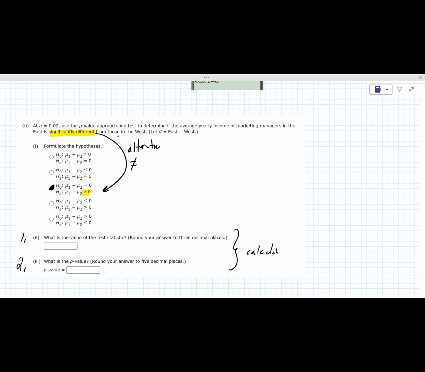Now the nice thing about the calculator is that when you go to do a stat test, 2 sample t-test, it will bring over all the values you just used.